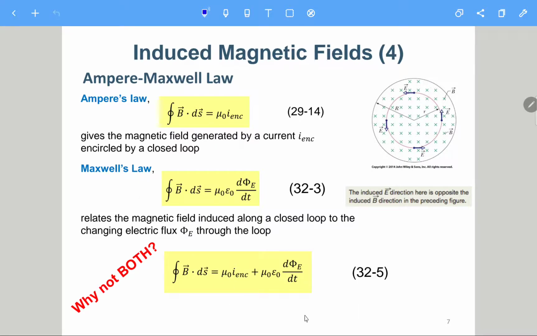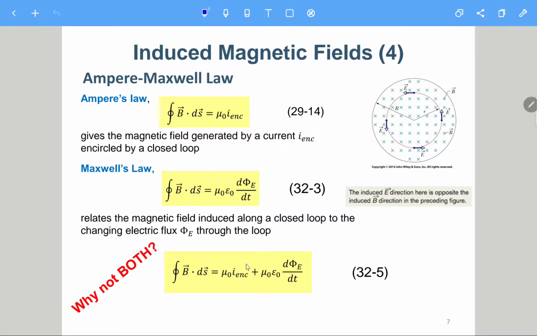So when we use this one, sometimes we only have a constant current, so this term will be zero, because for constant current we don't have a changing E field. This term vanishes, and then it changes to Ampere's law.